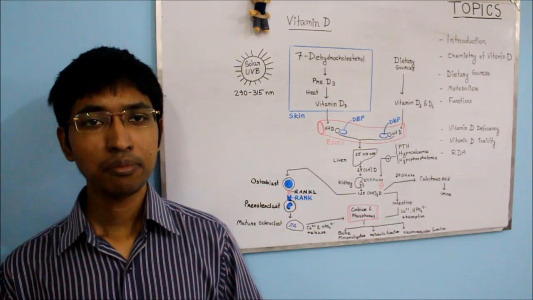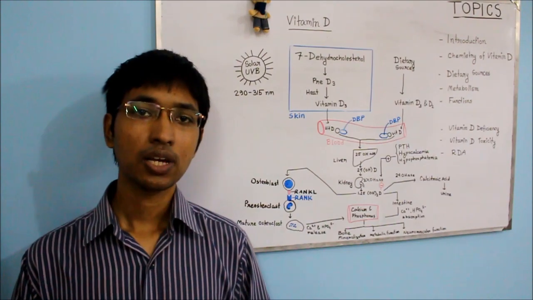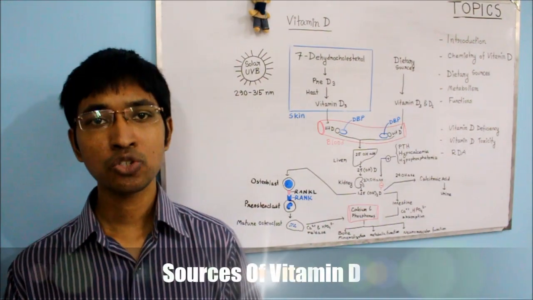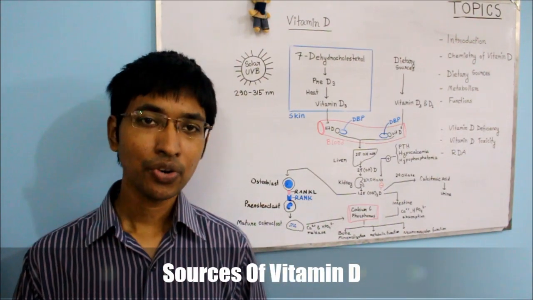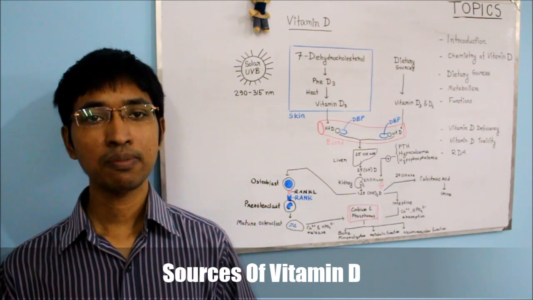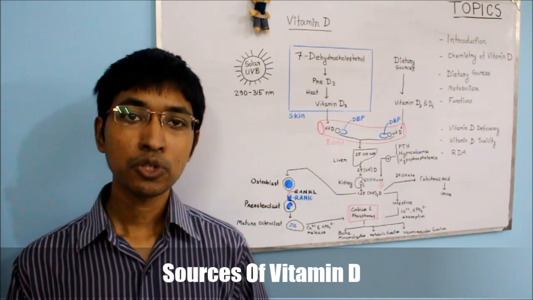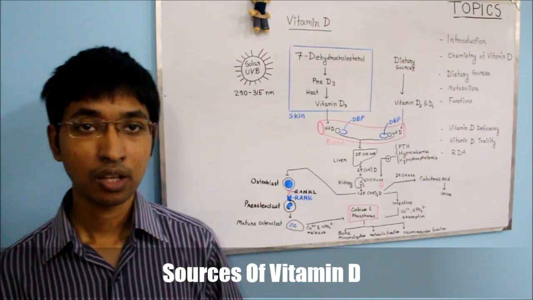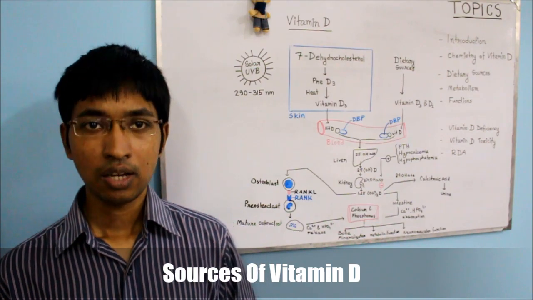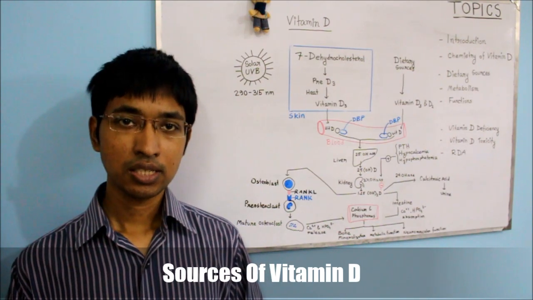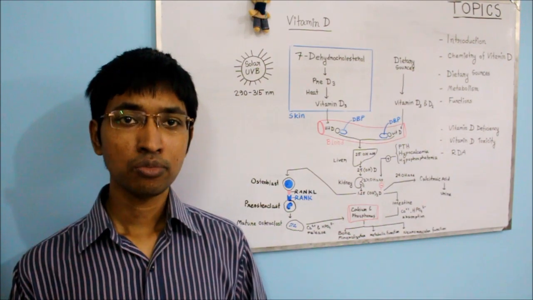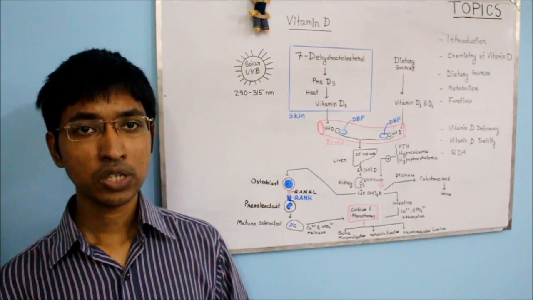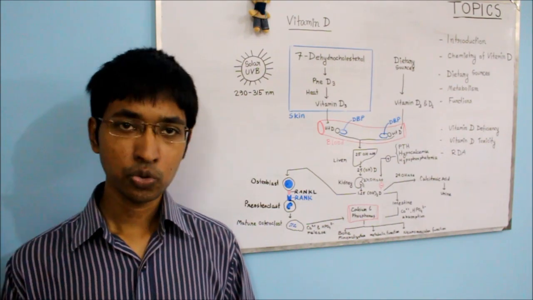Now always remember, vitamin D has both endogenous and exogenous sources. However, the endogenous source is able to provide up to 90% of the required vitamin D. So what is the endogenous source of vitamin D? Vitamin D can be synthesized in the skin from 7-dehydrocholesterol upon sun exposure.